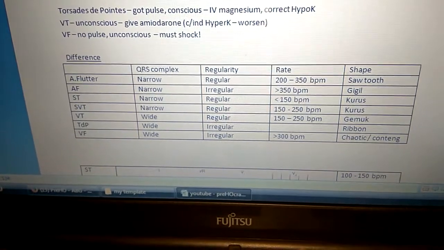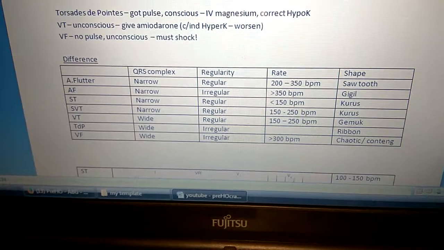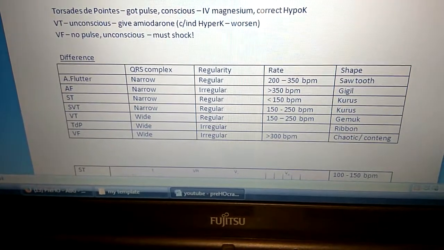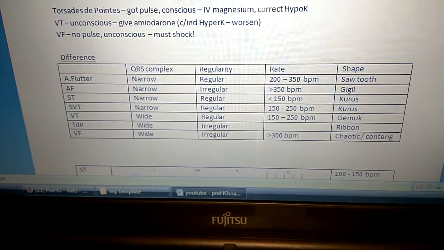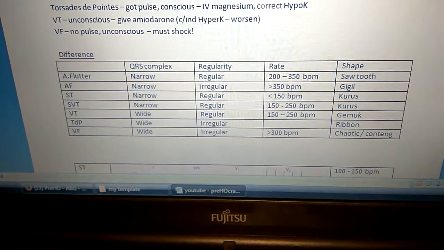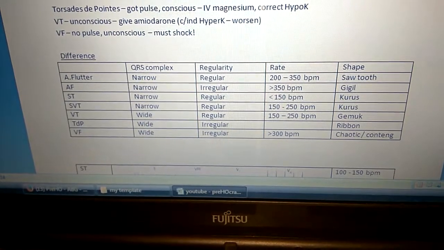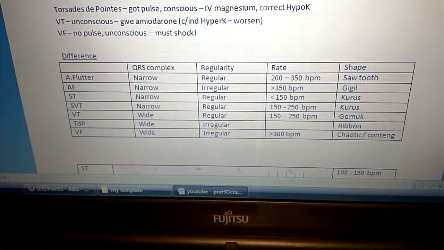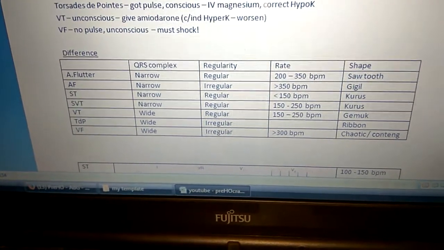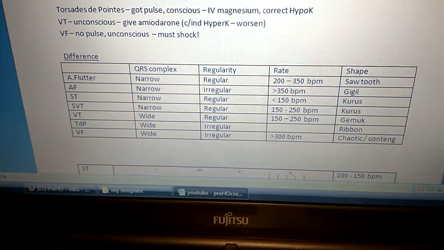However, on the rate, as you can see here, the difference between atrial flutter and atrial fibrillation is that fibrillation is faster, more than 350 beats per minute. Okay, the flutter shape is like a sawtooth, whereas atrial fibrillation looks like shivering, but it has a QRS complex.